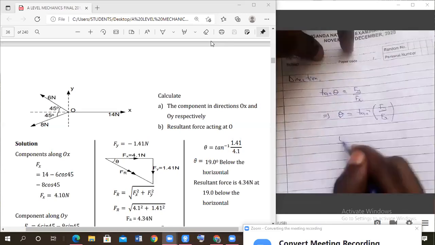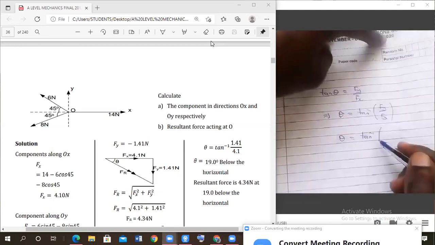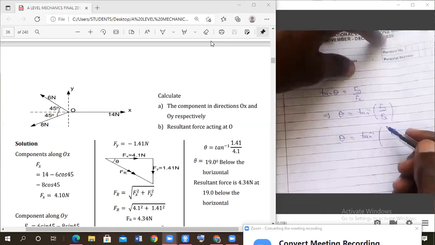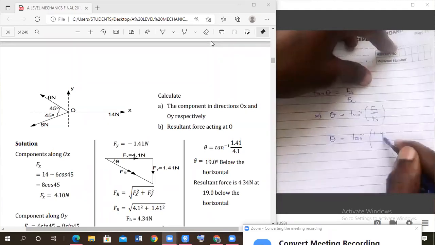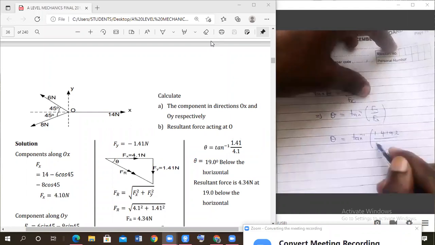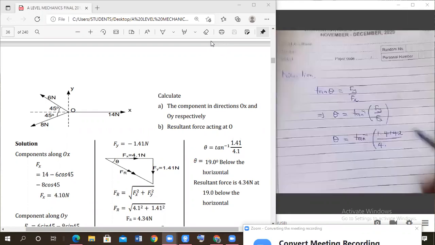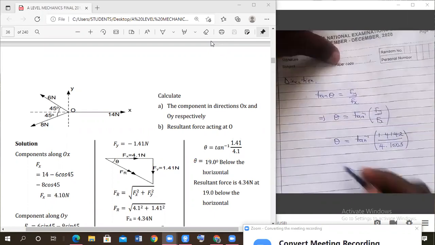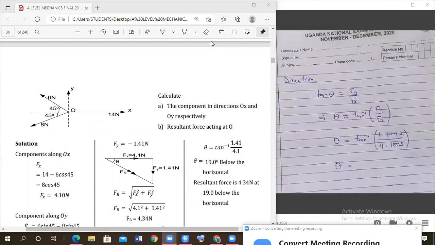So theta is equal to the arctan of Fy. What was our Fy? Don't put the negative because you have already put the direction. So it's going to be 1.4142 divided by 4.1005.